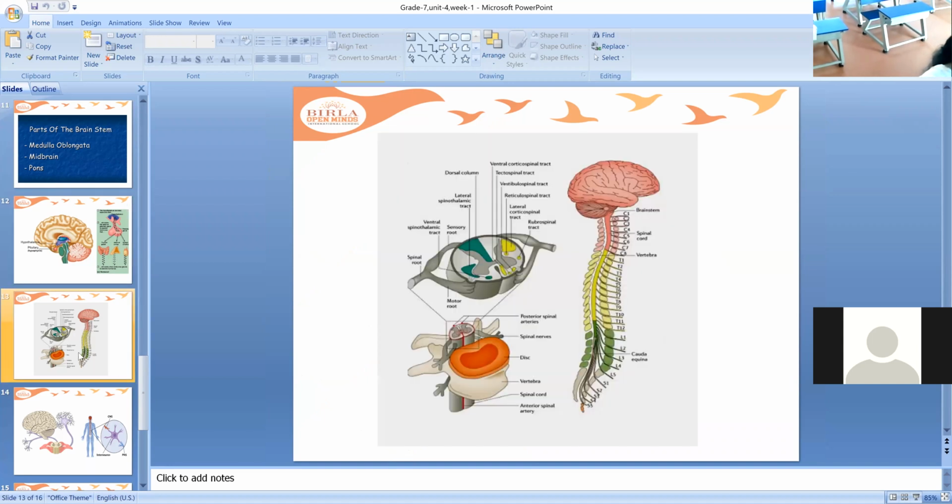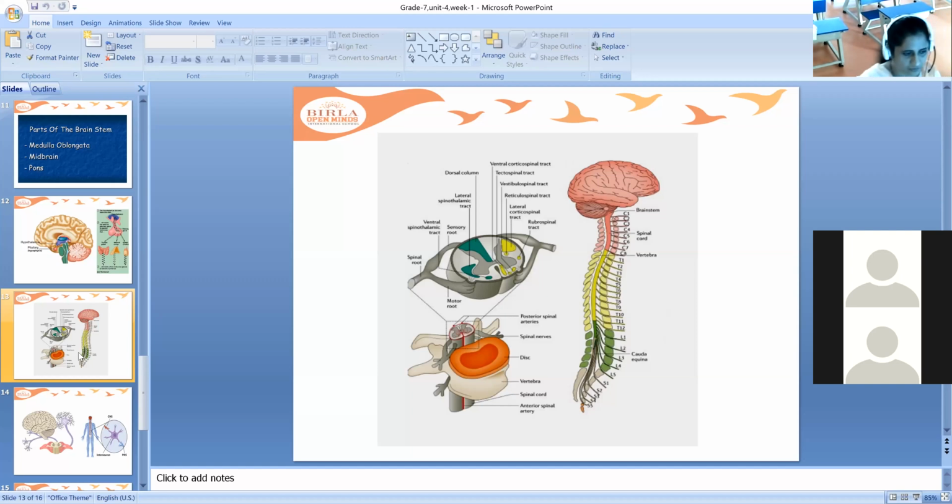So today we'll discuss the spinal cord. Have a look at your course book, page number 6, spinal cord. Do you all have your course books with you? Yes, ma'am. Okay. Look into your course book, spinal cord, page number 6.